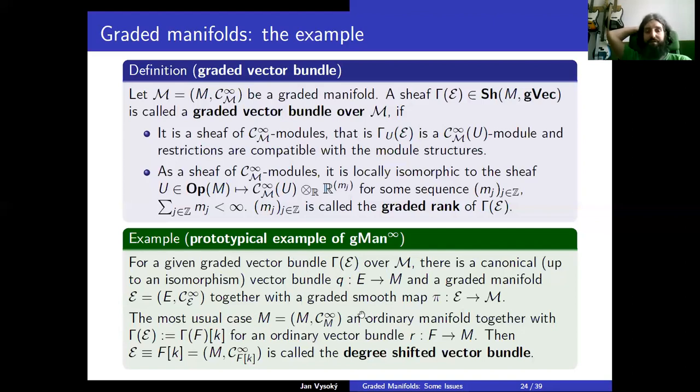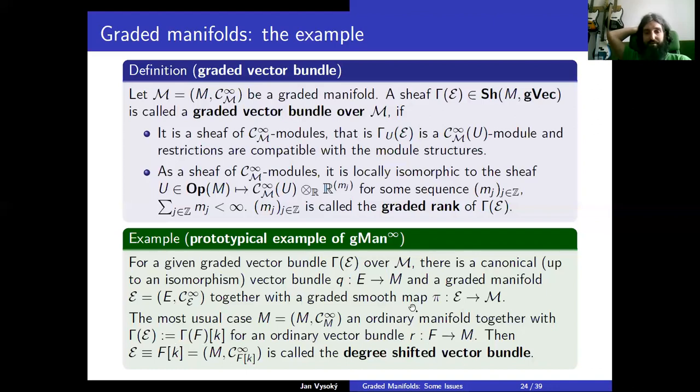The most usual case is that you start with an ordinary manifold. So you don't start with a graded manifold, but with an ordinary manifold, and as your Γ(E) you take the space of sections of an ordinary vector bundle over M. I take its sheaf of sections, I shift it by k, and then I obtain a sheaf of graded vector spaces which satisfies all this.